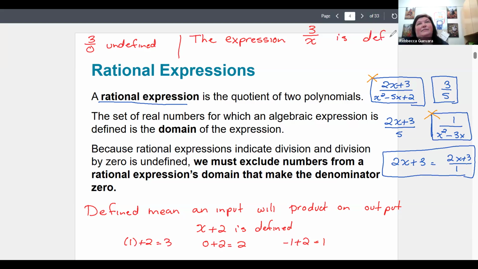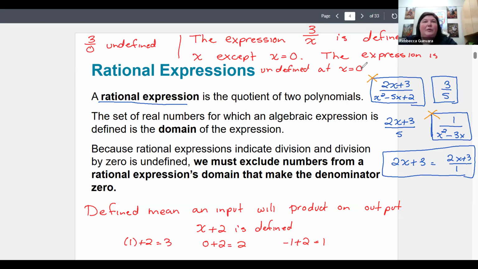This is defined for all x except x equals 0. So when x equals 0, it's going to be undefined at that spot. So this expression is undefined at x equals 0.